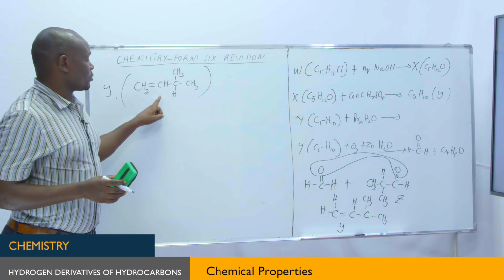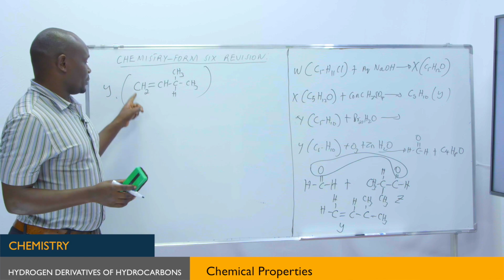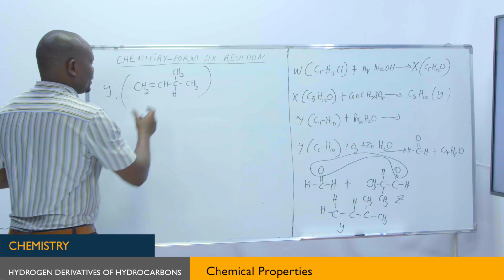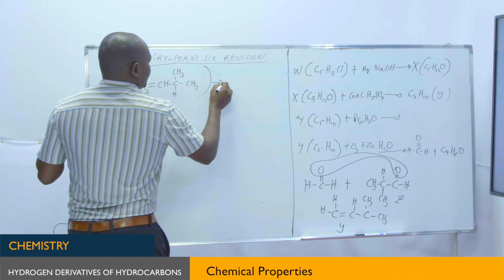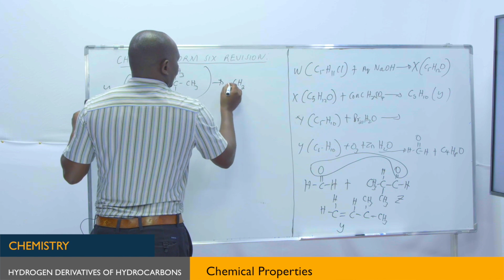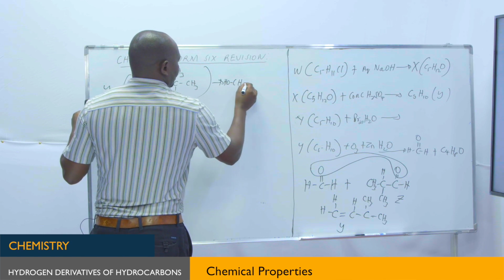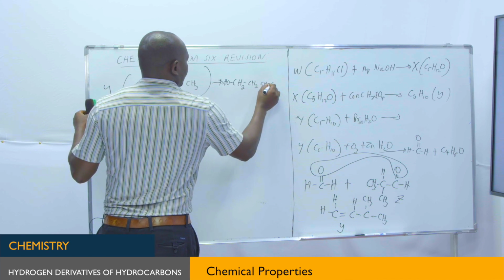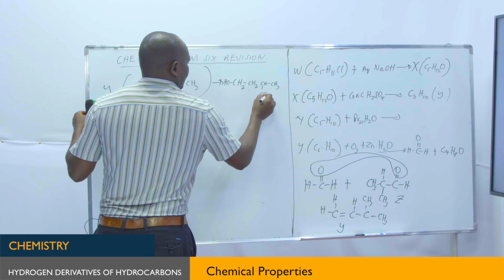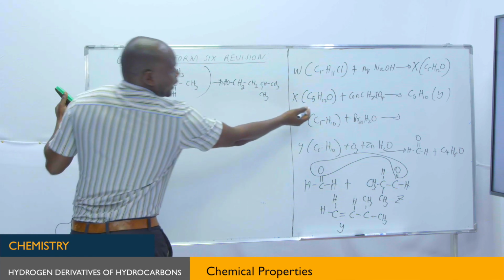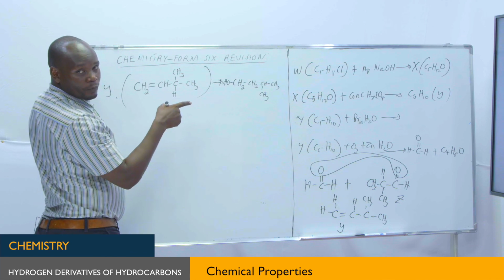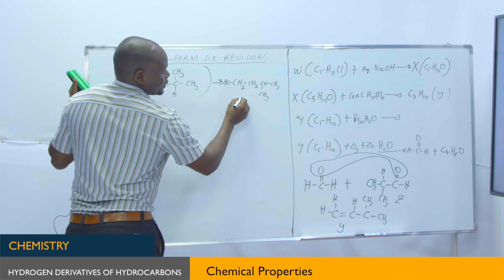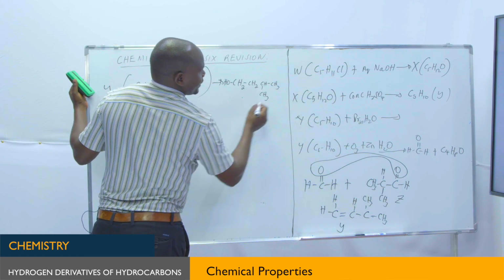If it were a secondary alcohol, you could have 2 products. So it was a primary alcohol with the functional group at the first carbon atom. So this will be CH2, then OH, then CH2, then CH with the CH3, then CH3. So this is our alcohol that we had first, before reacting with concentrated sulfuric acid. This is what we now call X.